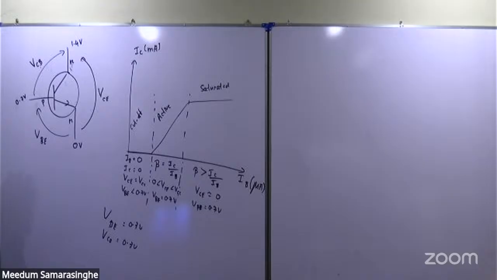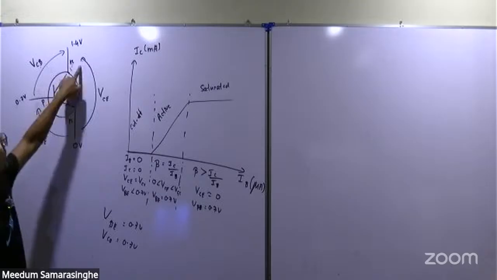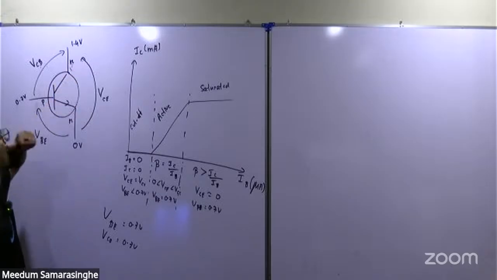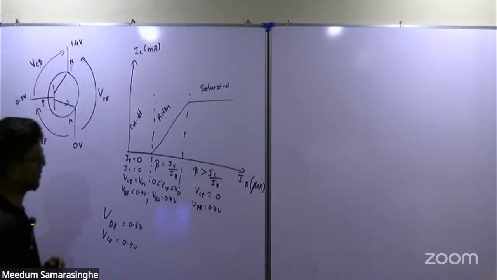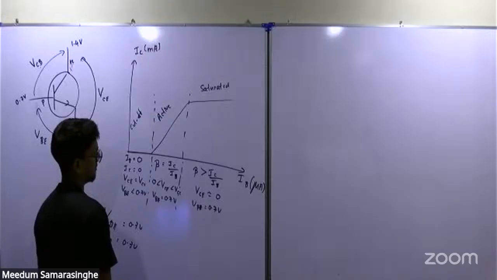Base emitter, collector base. No, it can also be in the active region, right? But right here, this is forward bias. Base emitter is forward biased, and the potential difference between these two is 1.4.